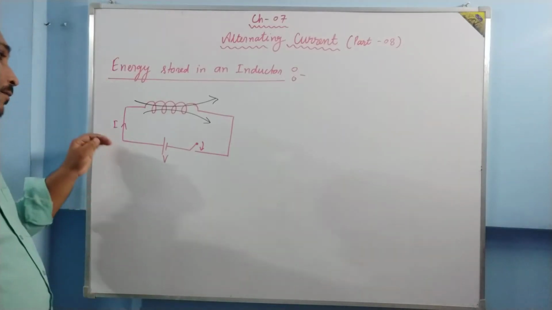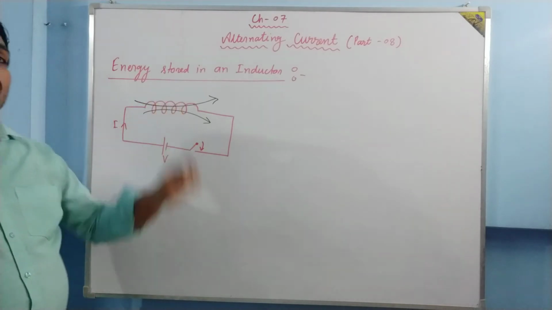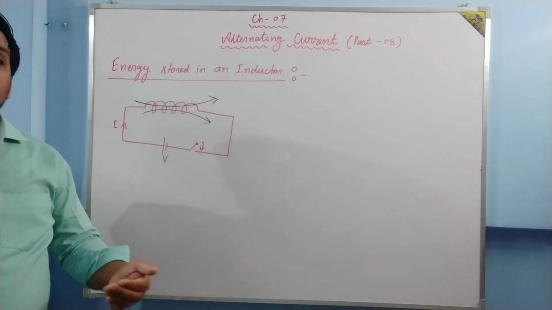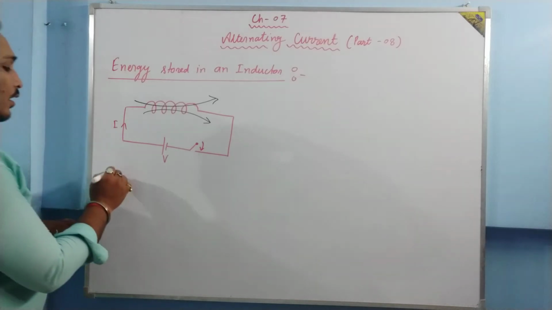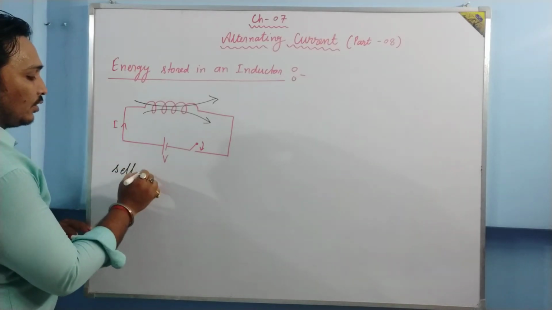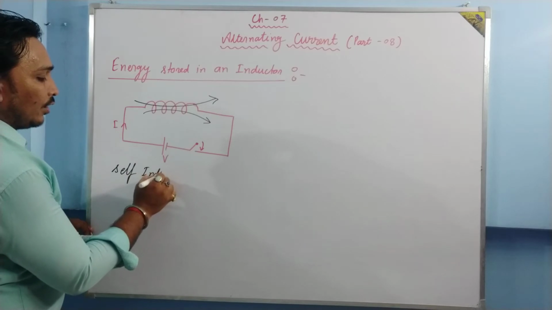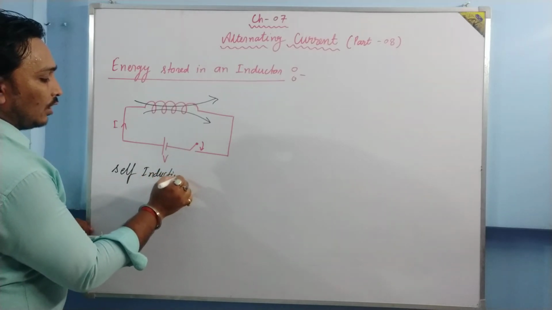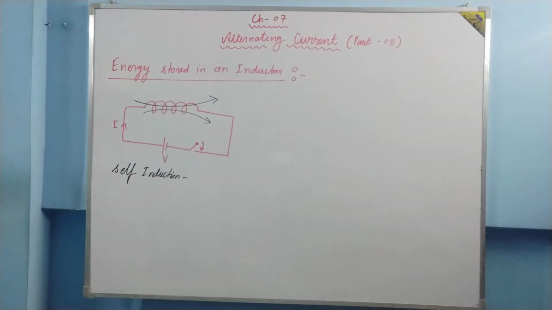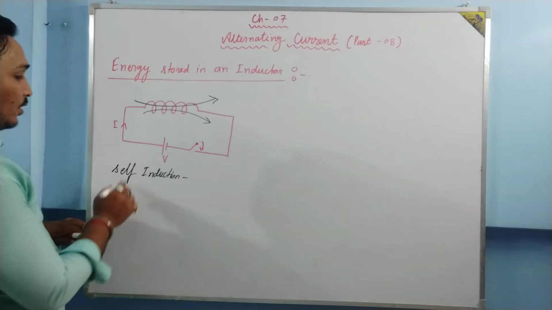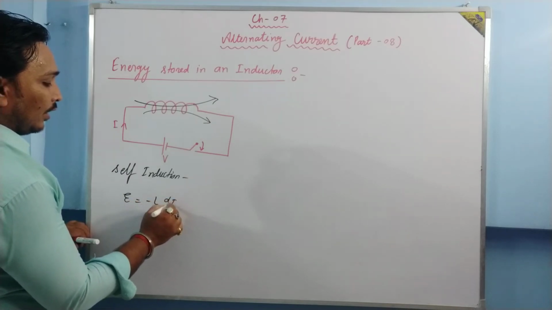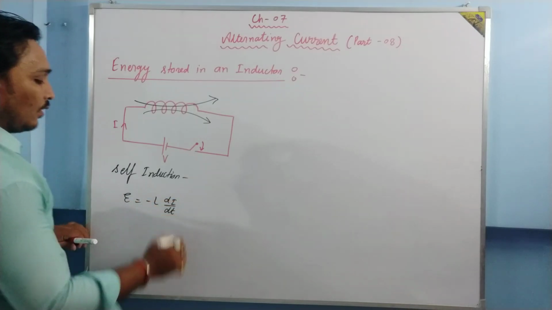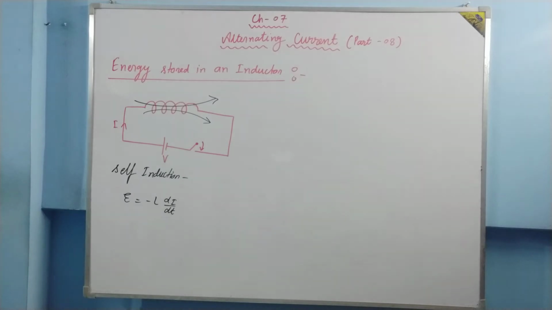Whenever a time varying current is flowing through an inductor, there is an induced EMF in the inductor. That phenomenon is called self-induction. In this case, the EMF produced is given by E is equal to minus L di by dt.